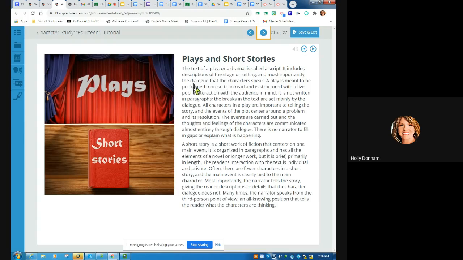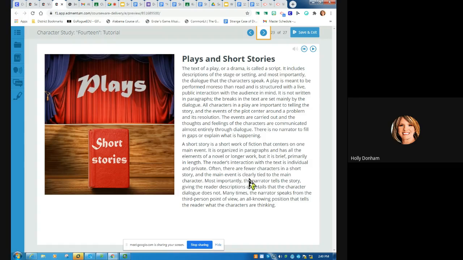And now, in contrast, a short story is a short work of fiction that centers on one main event, organized in paragraphs, has all the elements of a novel, but it's short. Okay? The reader's interaction is individual and private. It's not public like a play. Often, since it's short, there are fewer characters.